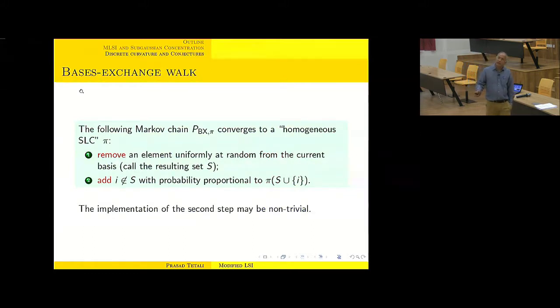remove any element uniformly. In this version of the basis exchange, as I said yesterday, you remove uniformly. So if R is the rank and you have R elements, with 1 over R probability you remove one of them. But then in terms of replacement, you put in with probability proportional to how many will give you a valid basis.